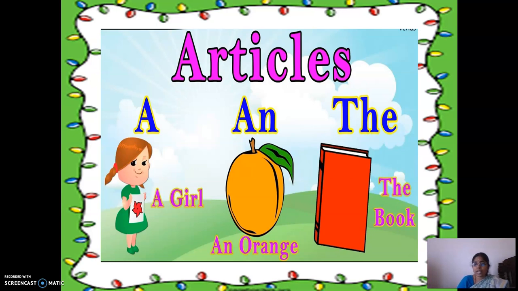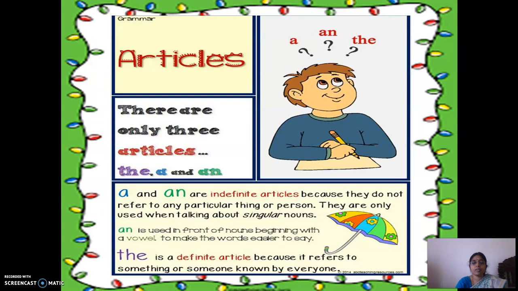Why can't I say an book? Why can't I say a orange? So there are some rules and regulations to be followed in our grammar, particularly for articles, that we are going to see now. We will see what the rules are and why we should not use those.